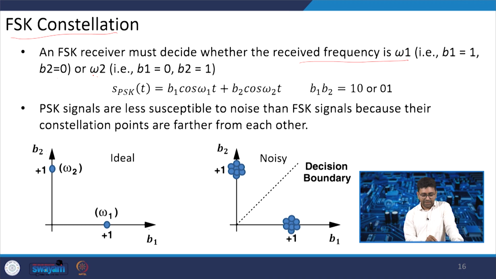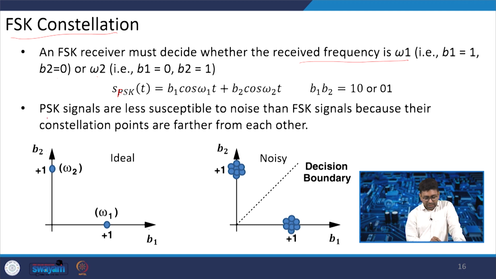So S_FSK(t) is equal to B1 cos omega 1 t plus B2 cos omega 2 t, where B1 B2 is equal to 1 0 or 0 1.